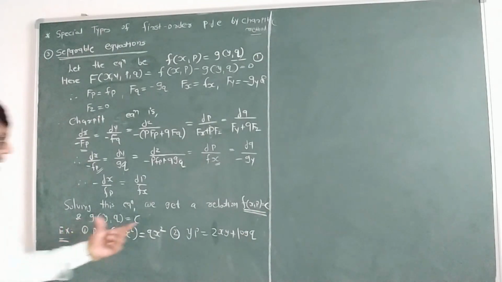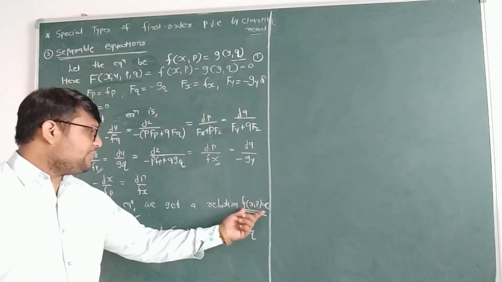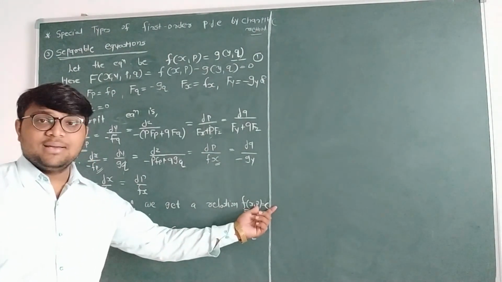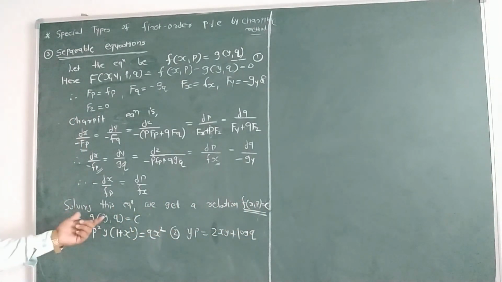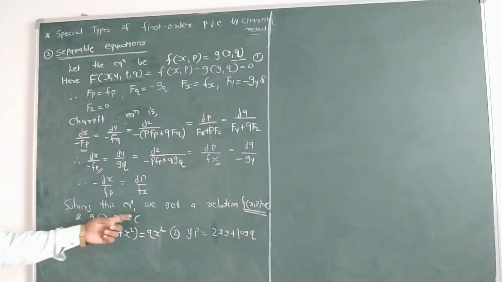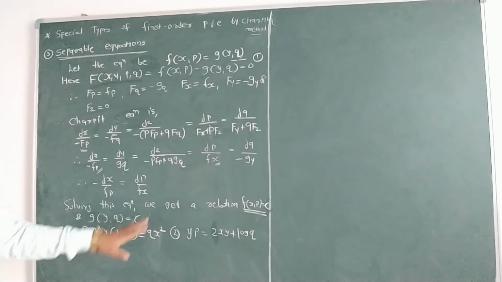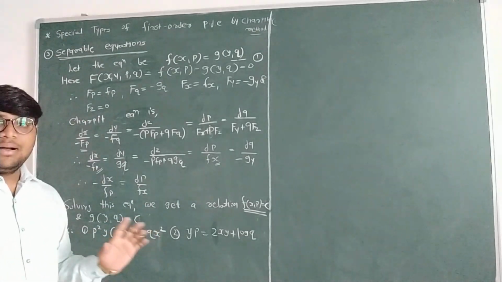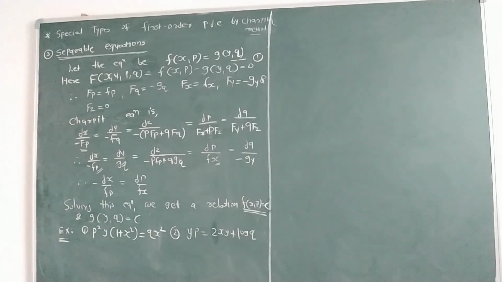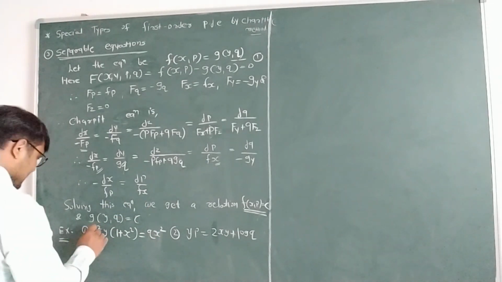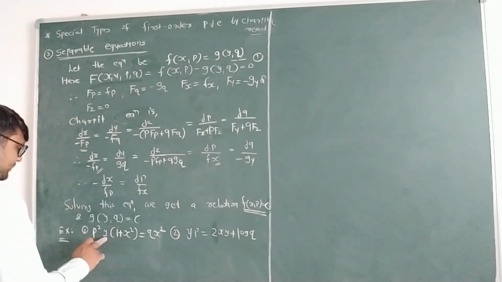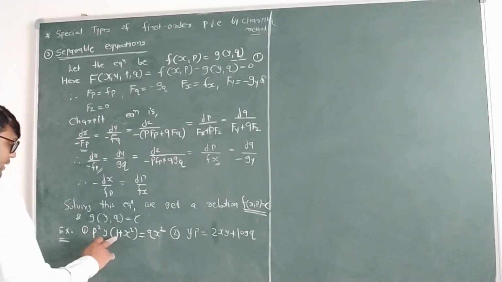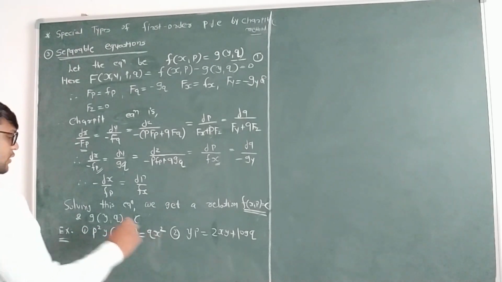So ultimately we get the function of x, p equal to some constant, and similarly the function of y, q equal to some constant c, and again solving these equations for p and q, we will get our complete integral. So let's see by the example. So here the first example is p square into y into 1 plus x square is equal to q x square.